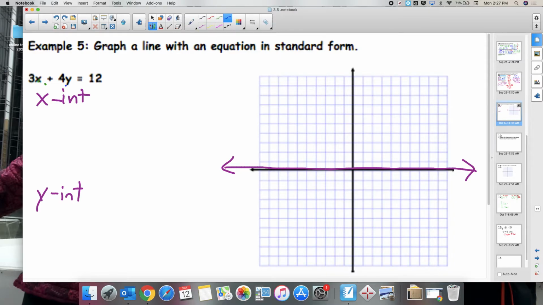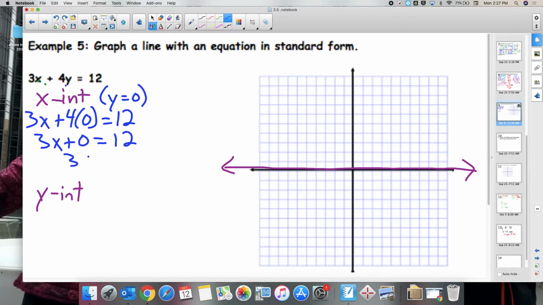To find where it crosses the x-axis, that means we let y equal 0. So we have 3x plus 4 times 0 equals 12. So I have 3x plus 0 equals 12. So 3x equals 12. Divided, we get x to equal 4. So my x-intercept is where x is 4.